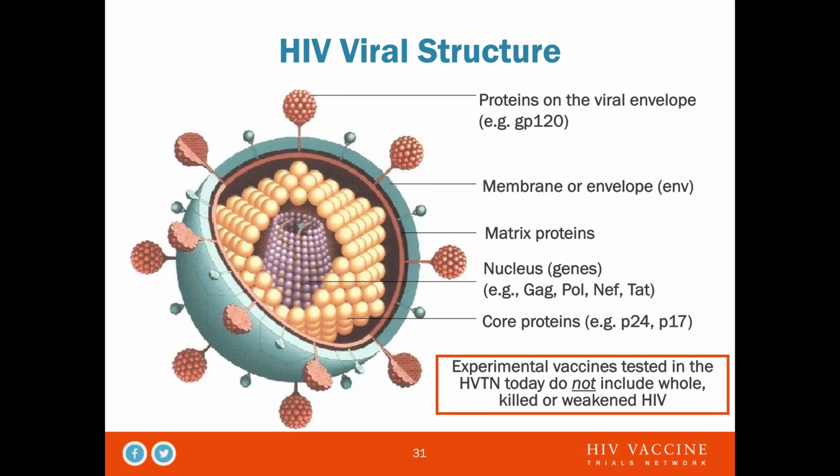This is an image of the viral structure of HIV. You will notice the proteins, and each of these proteins has a different type. The GP120, GP represents glycoprotein. The membrane or the envelope, the matrix proteins, the nucleus or genes, the core proteins.